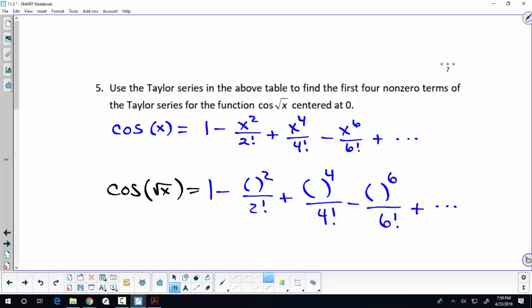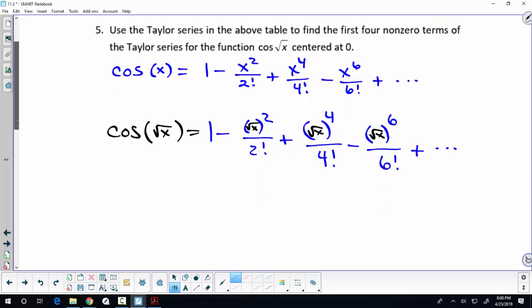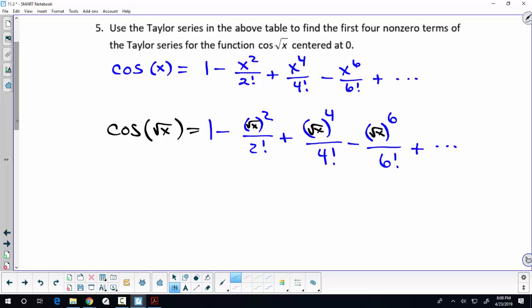The series does continue, but it's just the first 4. And then our square root goes in there. That's it. We can simplify, but that's virtually all we're doing here.